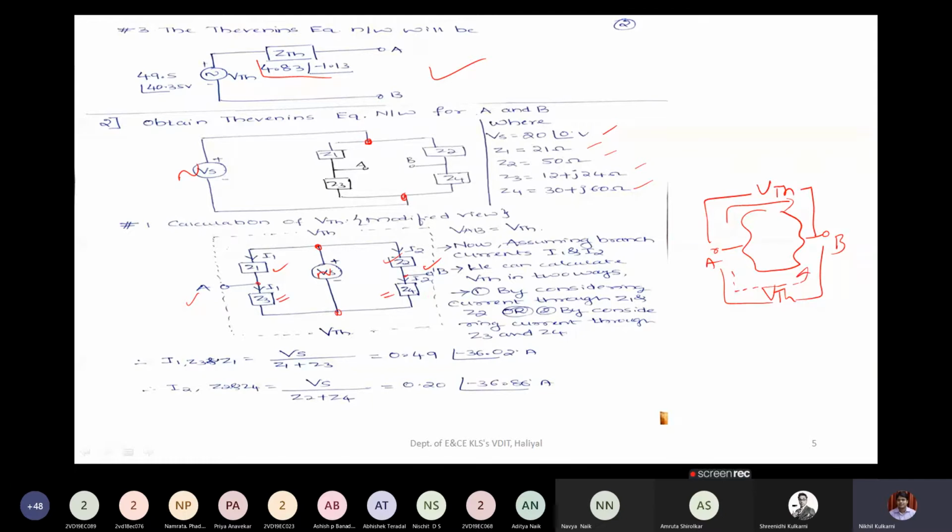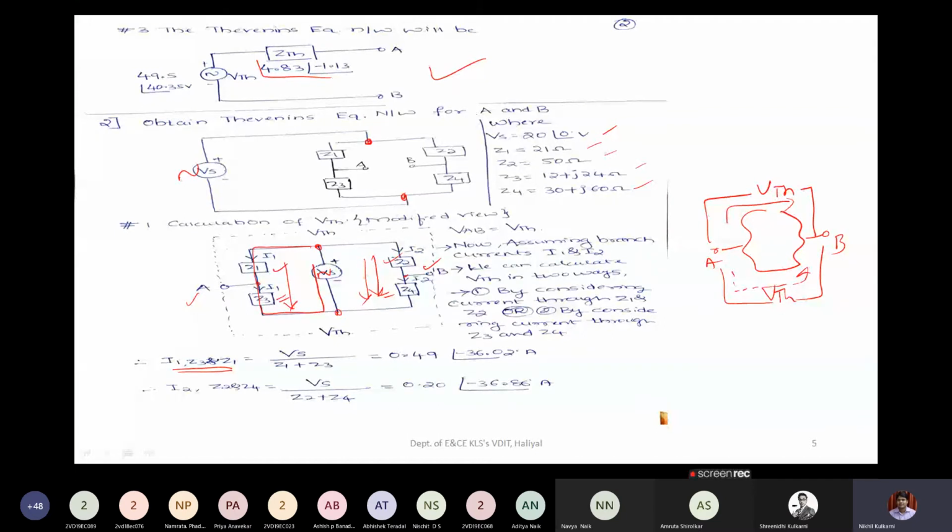Here I have written both current values, current through Z3 and Z1, and the second one is this current. If you want to find the current through Z3 and Z1, we are concentrating only on this part of the circuit. Which current will flow here?